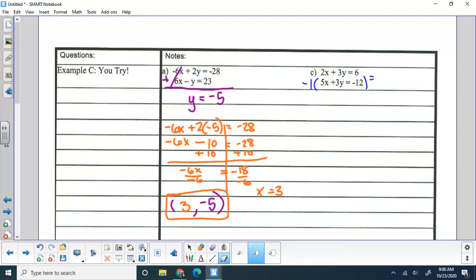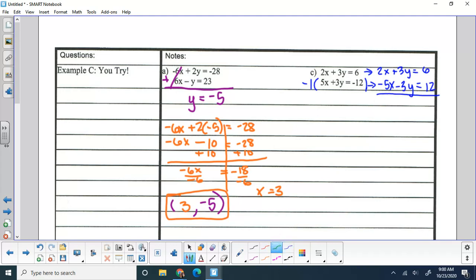So when I do this multiplying by the negative 1, notice that the top equation is going to stay the same, 2x plus 3y equals 6. The bottom equation is going to be negative 5x minus 3y equals positive 12.